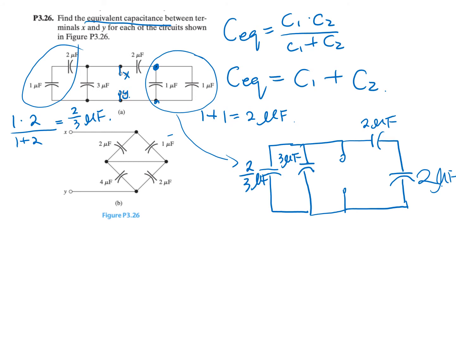So now we see that the 2 over 3 microfarads and the 3 microfarads capacitors are connected in parallel, so we directly add them together, and that's 11 over 3. And these two are connected in series, so 2 times 2 over 2 plus 2, that's 1 microfarad. Now let's redraw the circuit again.